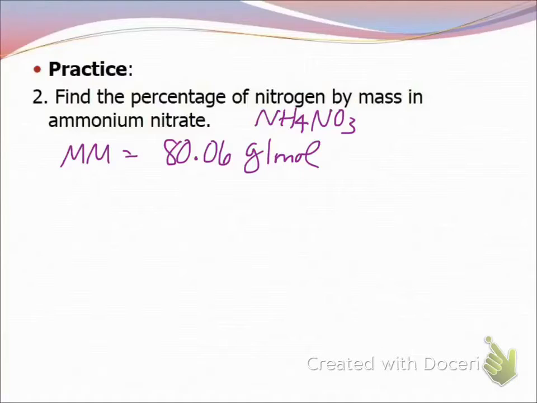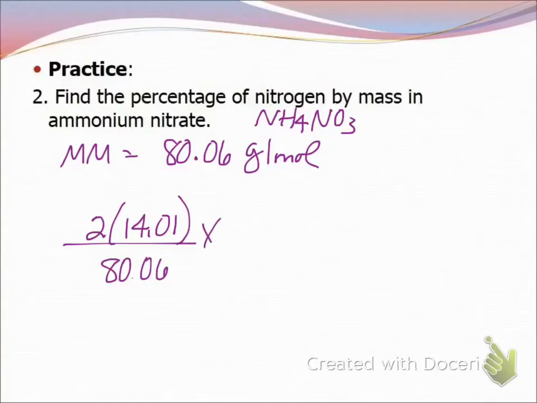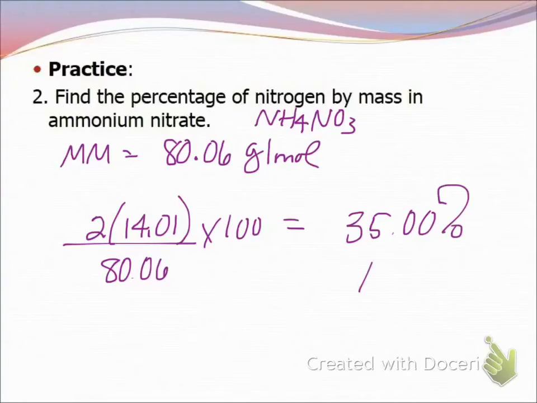All right, so now we just want nitrogen, so we're going to do 2 times 14.01 over 80.06 times 100. So we should get, when you round it, 35.00% nitrogen.